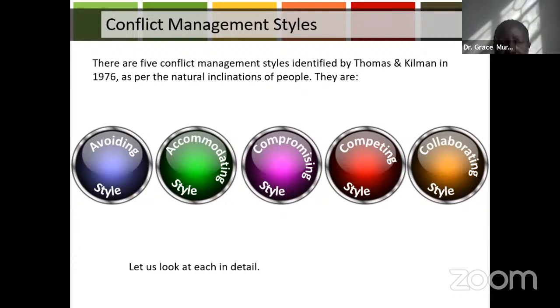We've seen what it is, we've seen the disadvantages, but in what circumstances would it be fine to say, let's use avoiding? Let's just think around that. Which circumstances would it be fine to avoid conflict? Anyone?